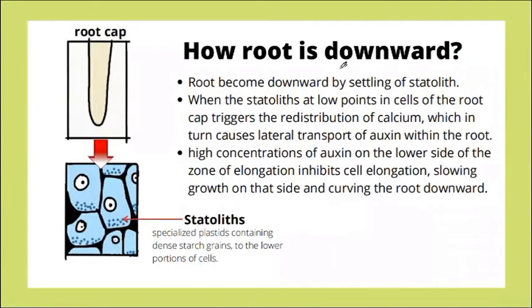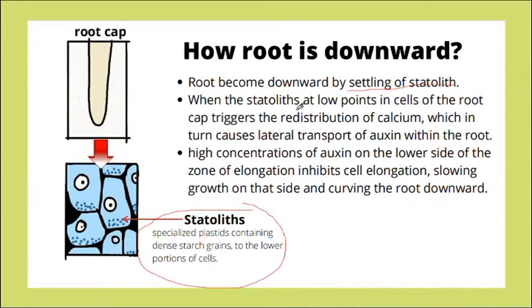And how does the root grow downward? The root grows downward by the settling of statoliths. Statoliths are specialized plastids containing dense starch grains that settle to the lower portion of the cell.